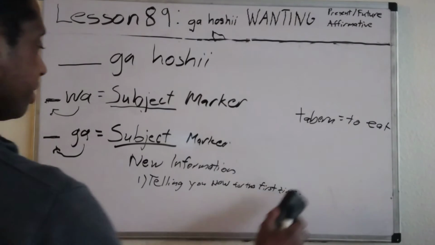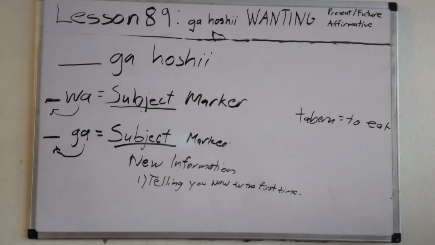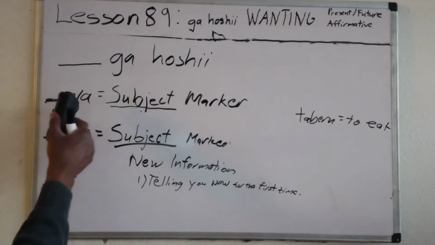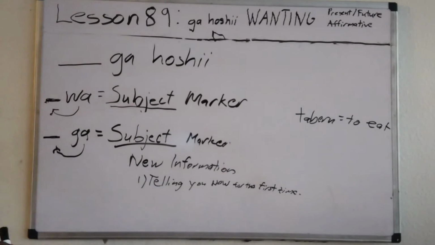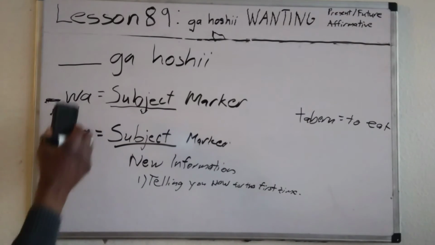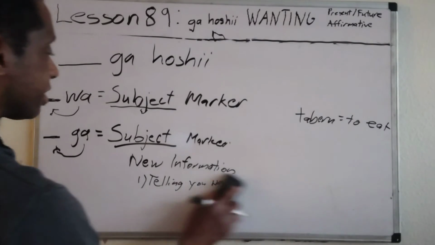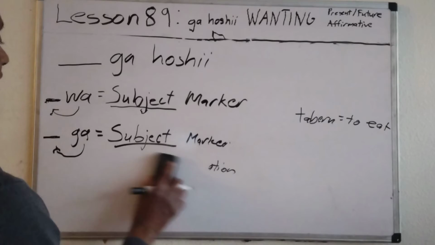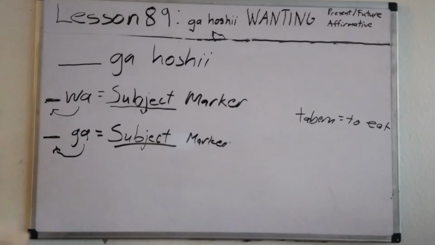It's new. So basically, wa and ga both are used in the exact same way. They're both doing the same thing, subject. Okay? Subject. But wa is for old information, ga is for new information. Okay, so this is great information to learn right now because this is a very tricky subject, but it's actually pretty easy on the other hand.